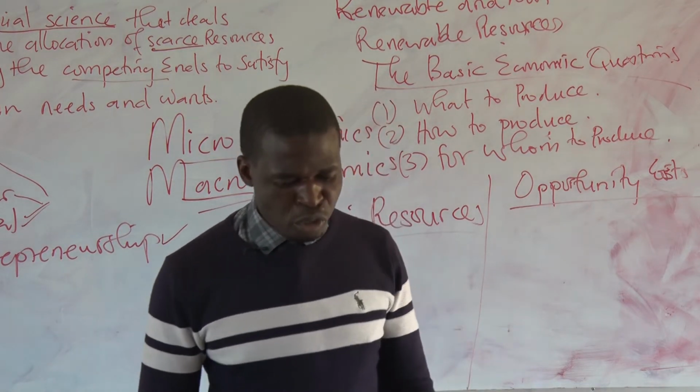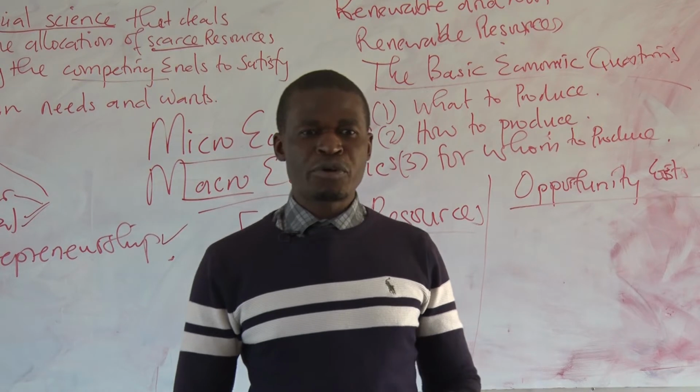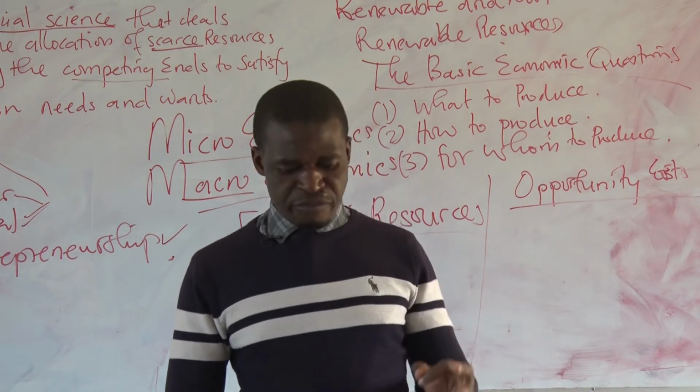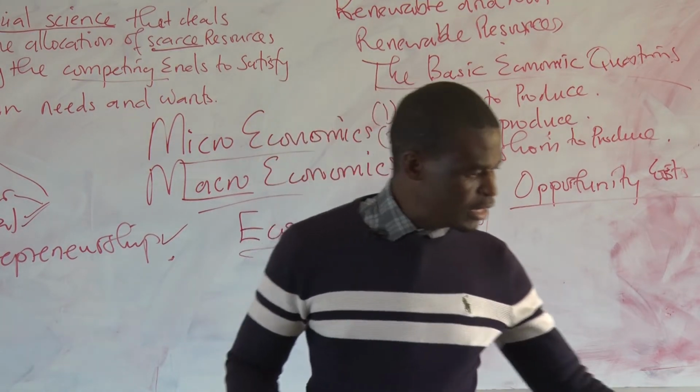So with this opportunity cost, we come up with what is known as a production possibility curve or a production possibility frontier.